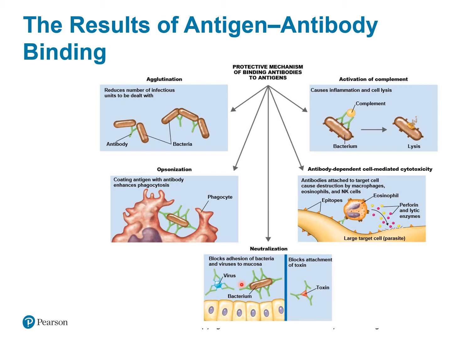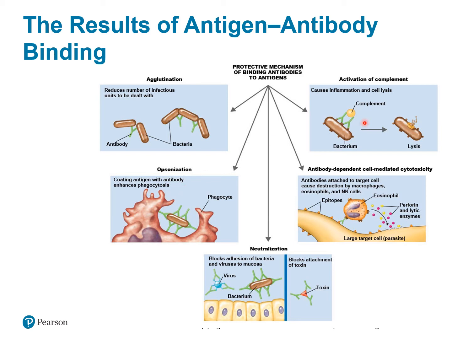And so, as you can see, antibodies do not directly kill the pathogen. What they do is either clump up the pathogens or coat the pathogens. In either case, they grab the attention of the phagocytes that are going to kill these pathogens.